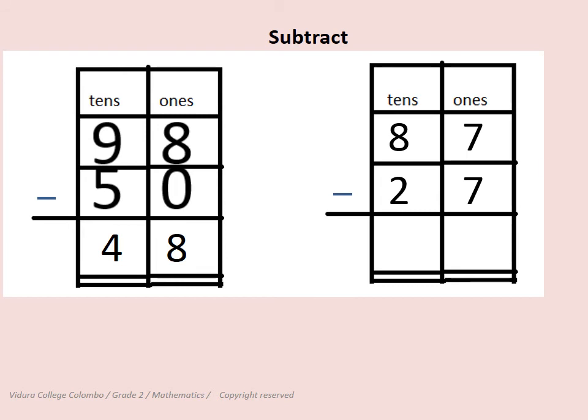Let's move on to next sum. 87 minus 27. Let's start from 1's column. 7 minus 7. Answer is 0. 8 minus 2. The answer is 6. So 87 minus 27, answer is 60.